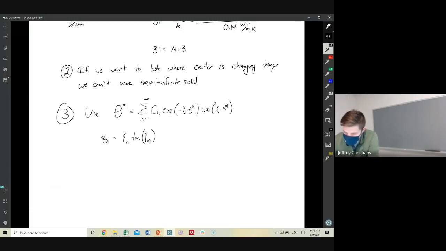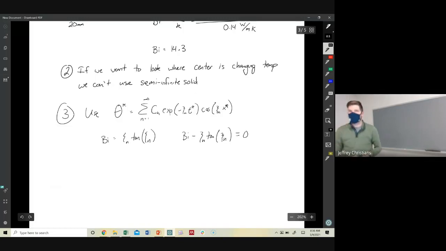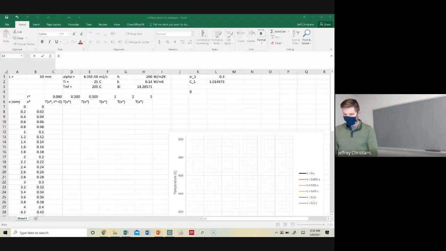So I'll use Biot number minus Cn tangent Cn. I know that that equation should equal 0, right? Because those two sides are going to have to be the same. So I'll use that as a guess and check method, and then I'll have Excel change the squiggle value to force that equation to be true. Does that make sense?